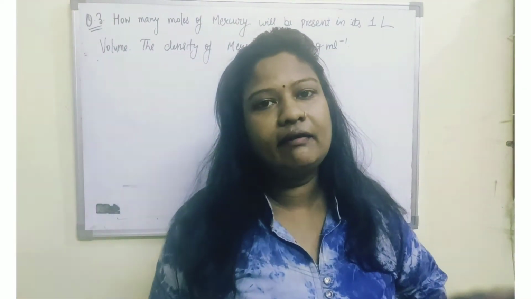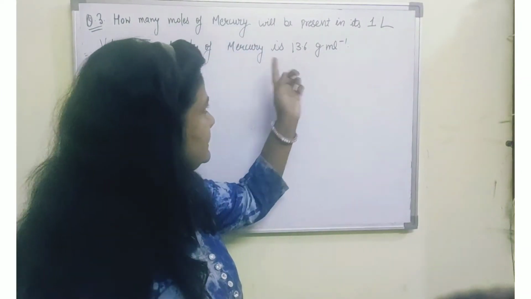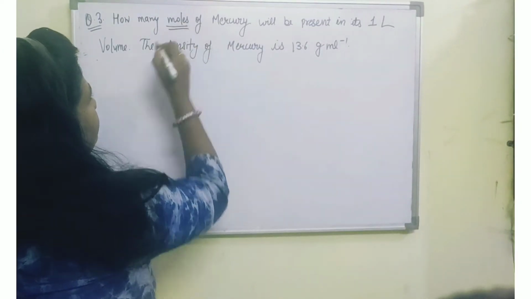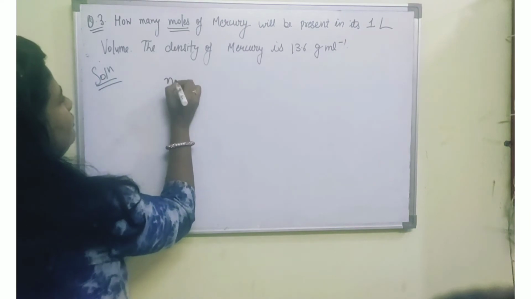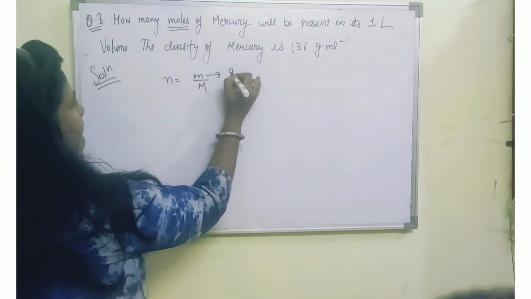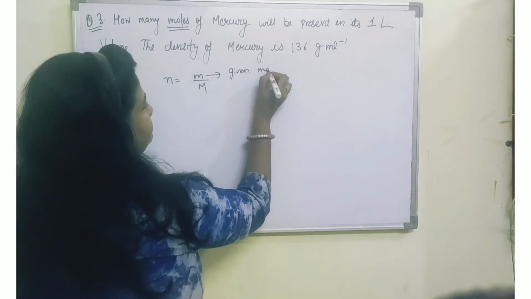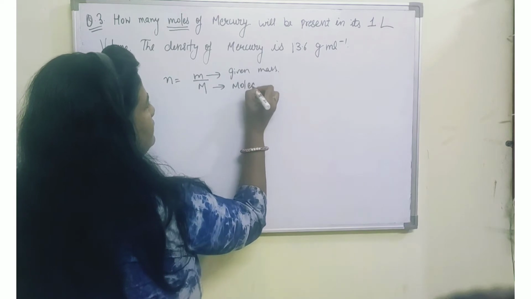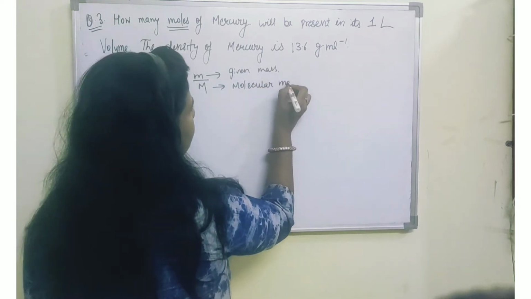Yes, so we have to change the liter into ml, and density is given. First of all, we have to calculate moles. The number of moles is equal to small m upon capital M. Small m is the given mass, and capital M is the molecular mass or atomic mass.